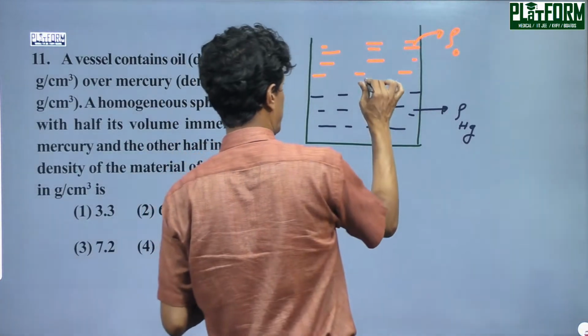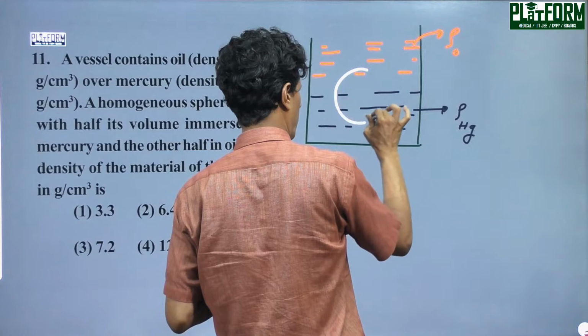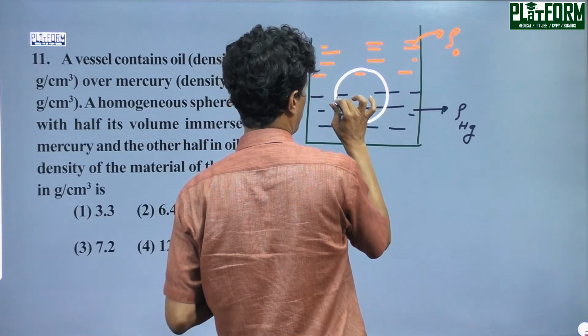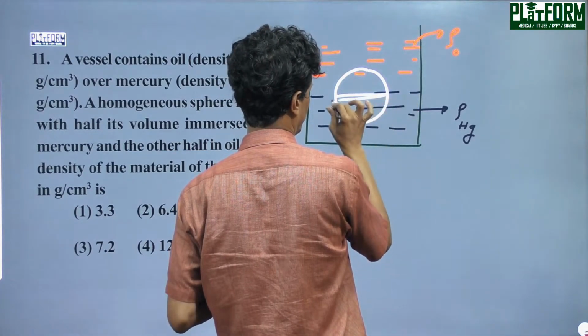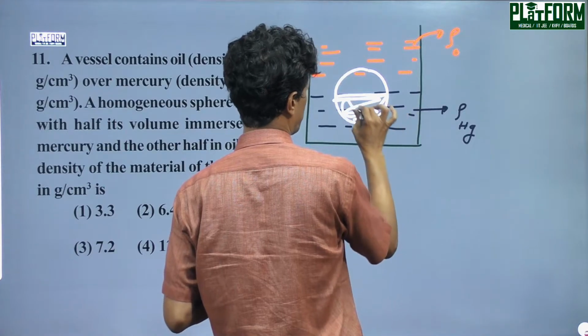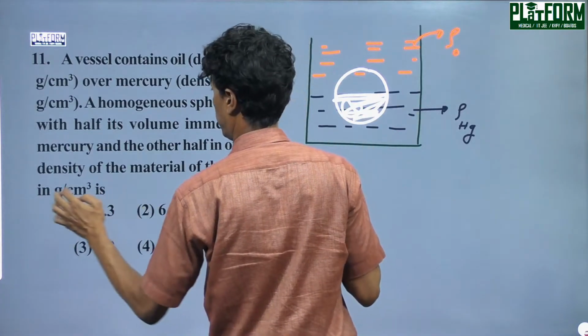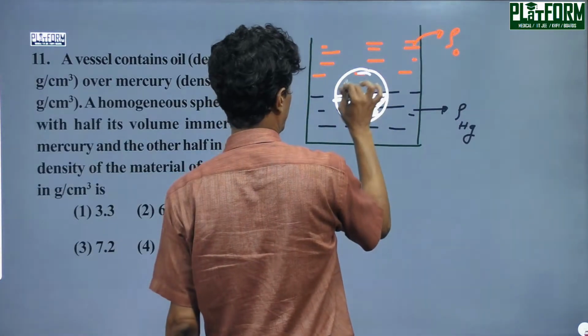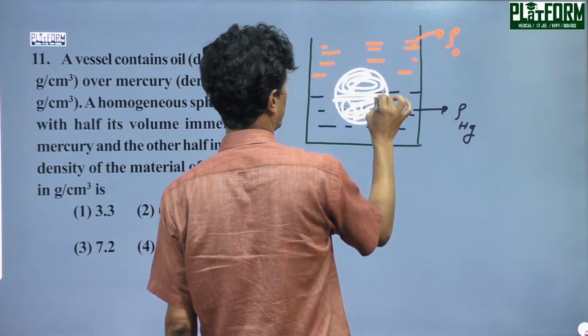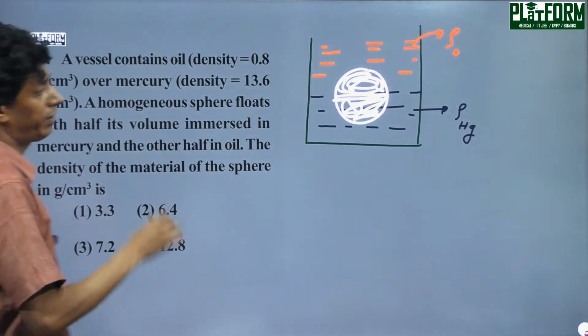Here the situation: half of the portion of the sphere is immersed in mercury and half of the portion of the sphere is immersed in the given liquid.